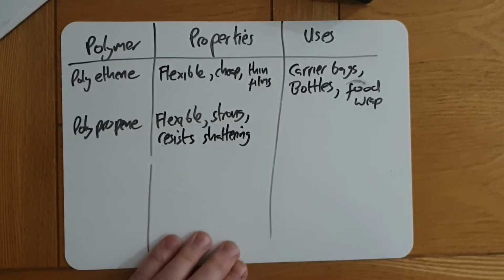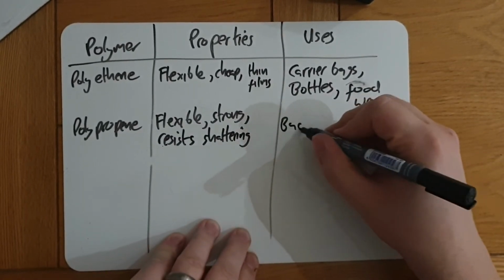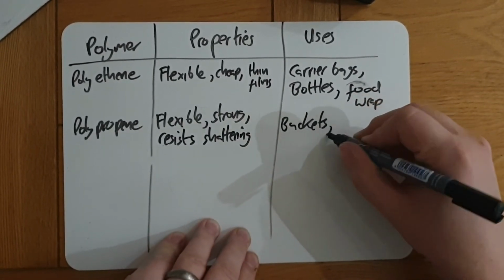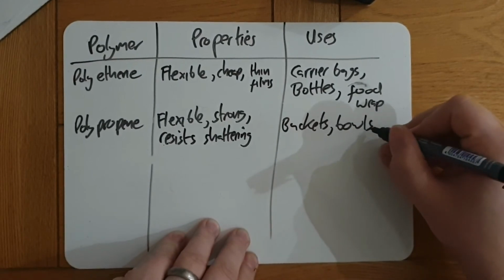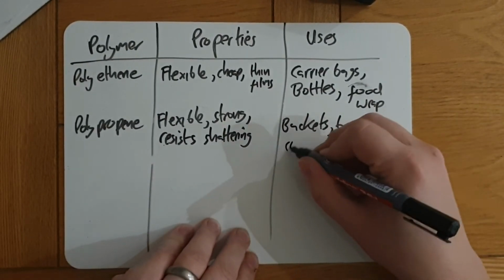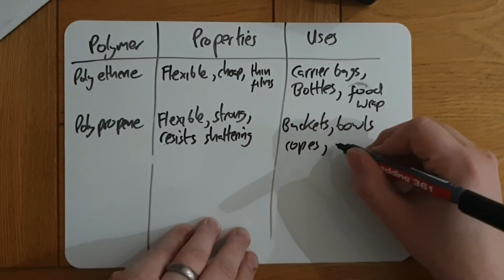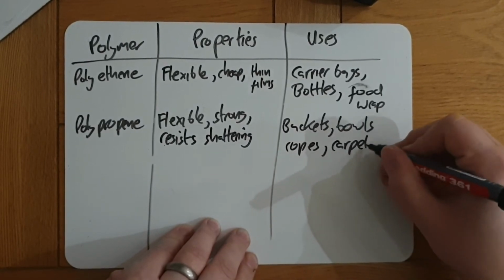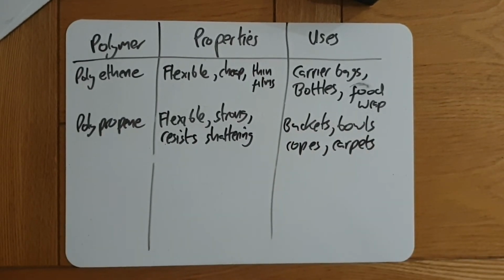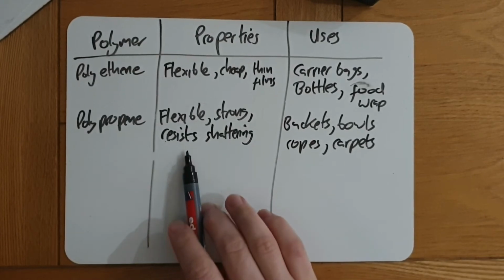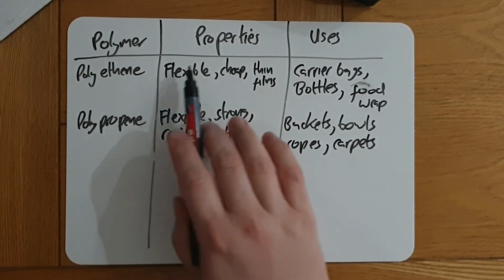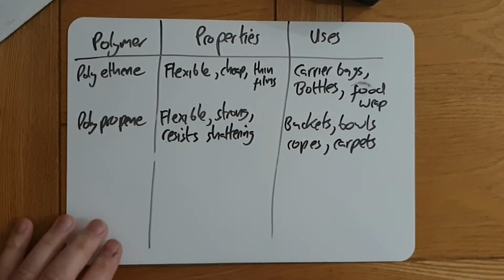So it gets used for buckets, like plastic buckets, bowls. You can make ropes out of it. You can make carpets out of it. Those sorts of things. So with all of them, properties linked directly to the uses.